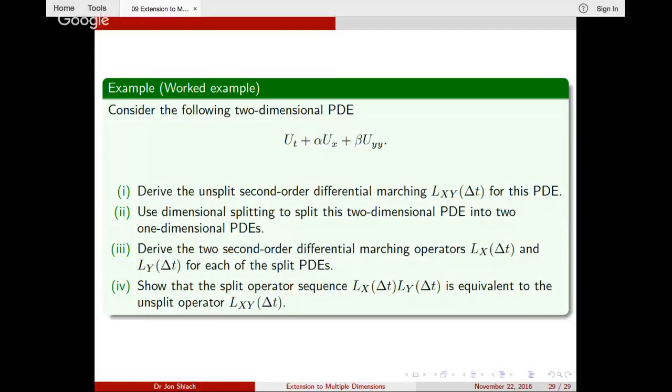So therefore, I'm going to start way over on the left here to give me more space. The unsplit marching operator, so LXY, is equal to the contents of that square bracket.